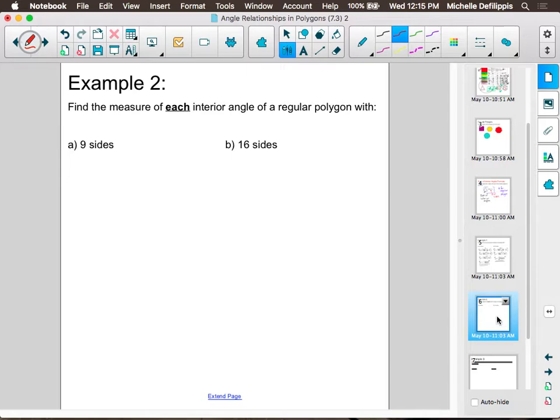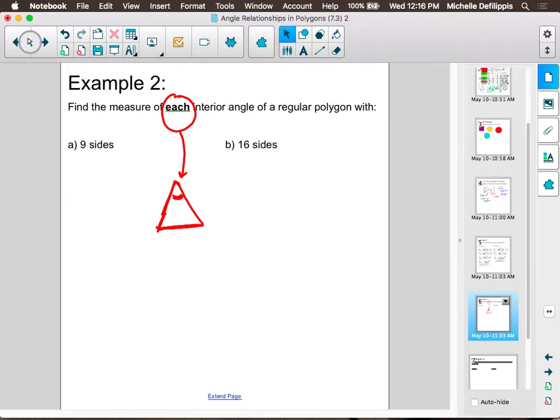So for example, if I had a 3-sided polygon, well, I already know that altogether that's going to be 180, but the question's asking me for each. So I want to know the angle of just one interior angle within that shape. So with a triangle, it could be easy to figure out, but with a maybe 9-sided or 16-sided, it could be more complicated.